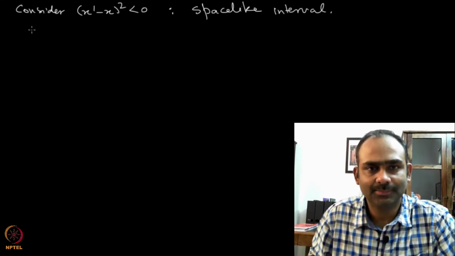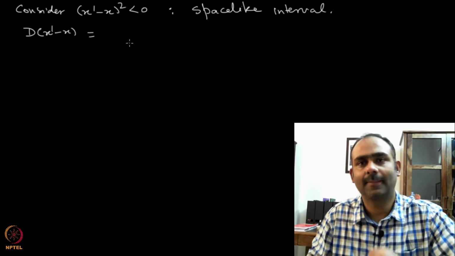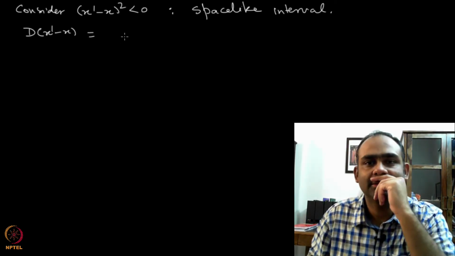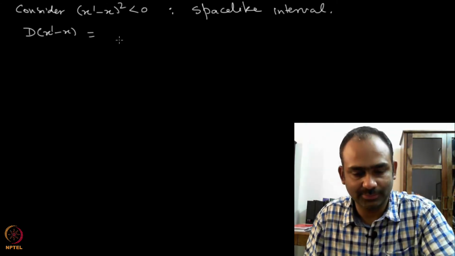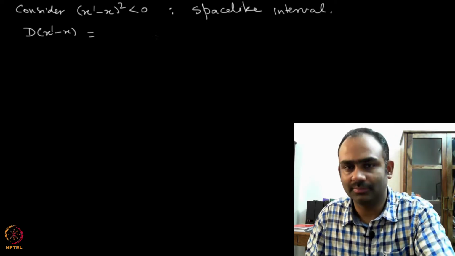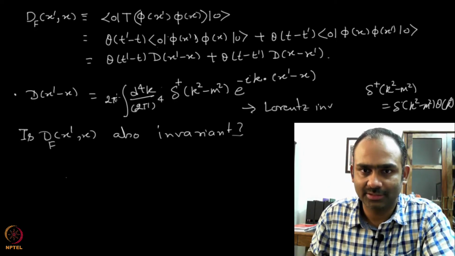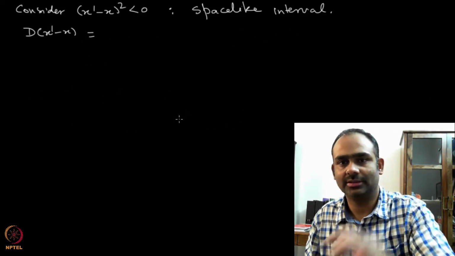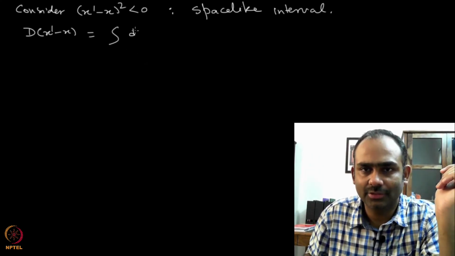Okay, and then let's see what happens to this object. I had missed the 2 pi to the 4 in the previous expression, so let me put it here.